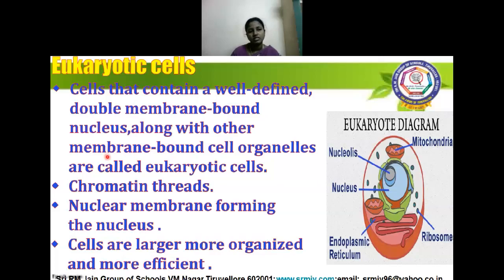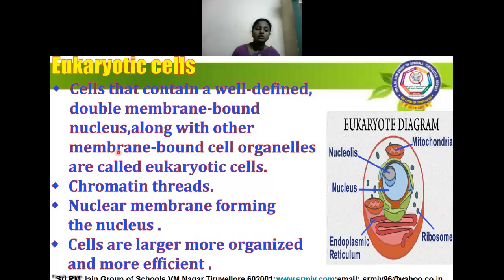Now we'll discuss eukaryotic cells. Cells that contain a well-defined, double-membrane bounded nucleus along with other membrane-bounded cell organelles are called eukaryotic cells. Genetic material is in the form of chromatin threads, with a nuclear membrane forming the nucleus.